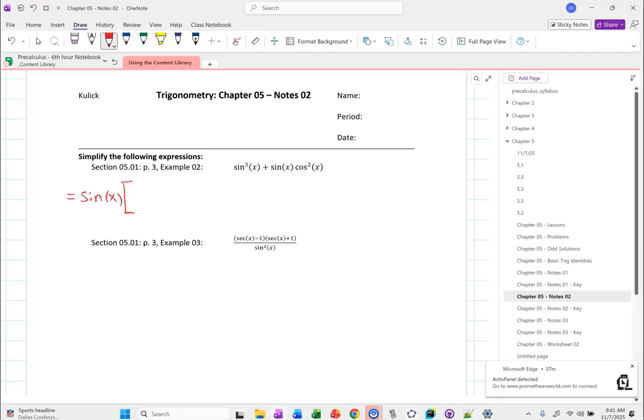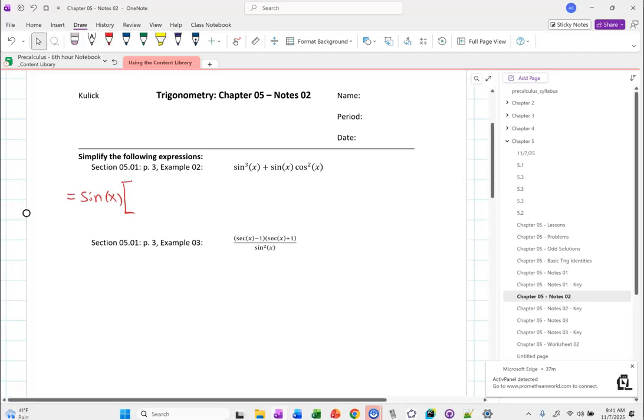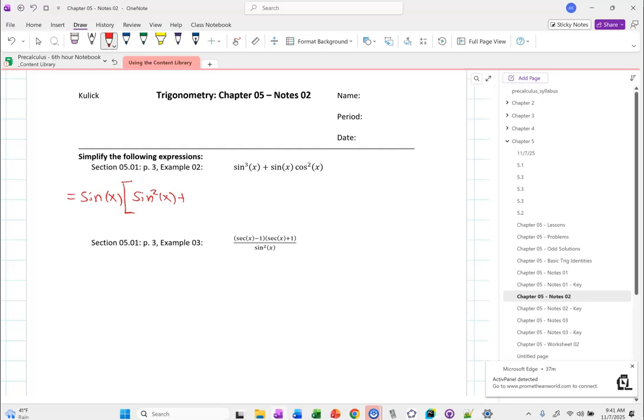When I factor the sine x off of the sine cubed, what does sine cubed become? Sine squared. When I factor the sine x off of sine x times cosine squared x, what does that become? Cosine squared x. That is correct.